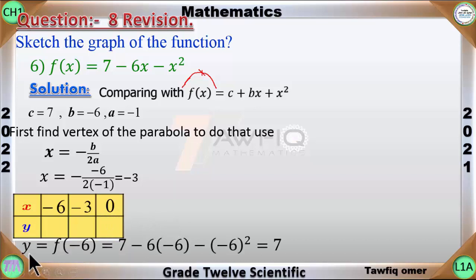Find y. y equals f(-6) equals 7 minus 6 times -6 minus -6 squared. -6 times -6 is plus 36, and -6 squared is 36, so plus 36 minus 36 cancel, it stays 7. Then y is 7, and for -3 it is 16, and when x is 0 it is 7.